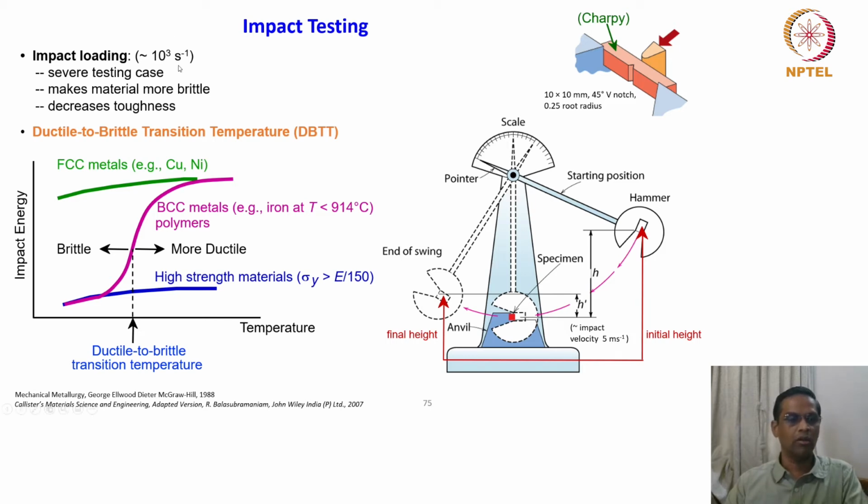This also comes under the category of severe testing, and this kind of test makes the material more brittle and decreases the toughness. Of course, with increasing temperature, the percentage elongation increases, the energy absorption also increases, and of course the Kc, that is the stress intensity factor, which you will see later, is also going to improve.